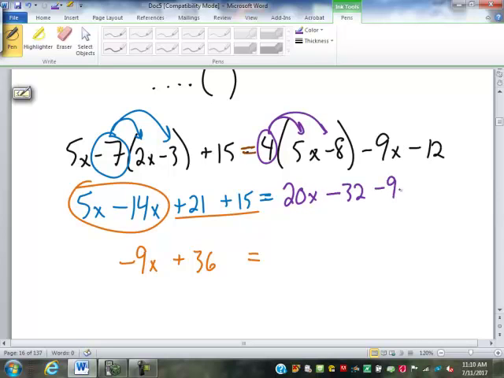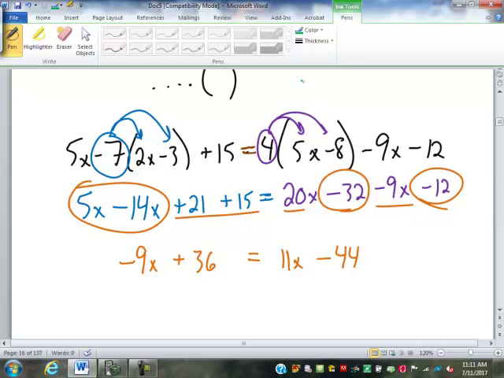Good. We've got the negative 9x and the negative 12. What can we combine? 20 and negative 9x make 11x. Negative 32 and another negative 12 is negative 44, right? They both go the same direction.